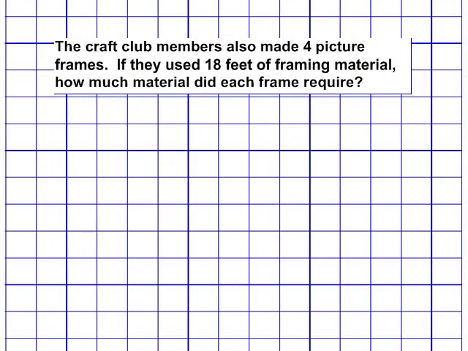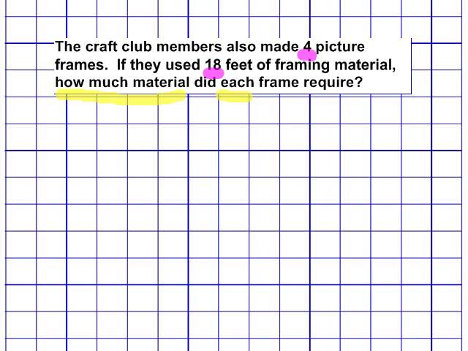On our next problem then, the craft club members also made 4 picture frames. If they used 18 feet of framing material, how much material did each frame require? In this problem, the question that it's asking is, how much material did each frame require? And the information that was given to us is that all 18 feet of framing material was used in order to make 4 picture frames.